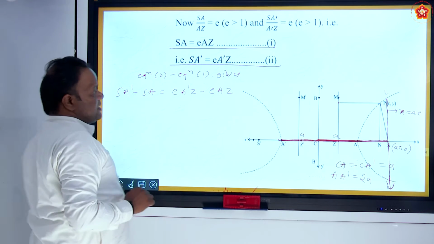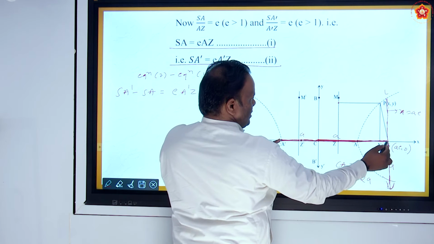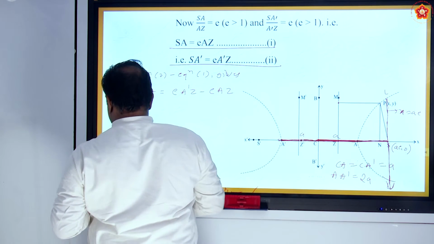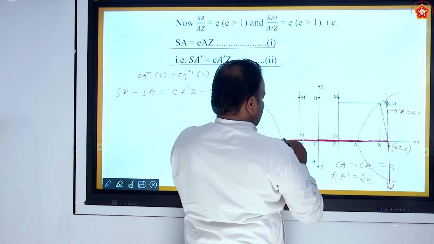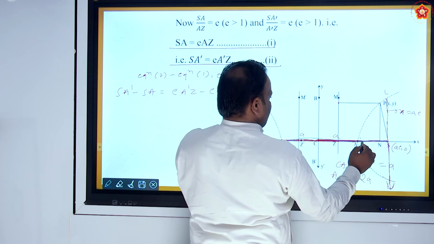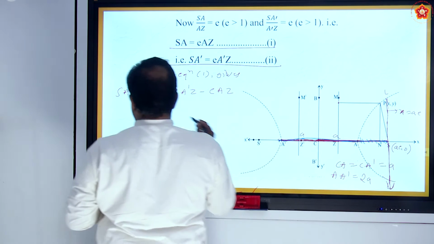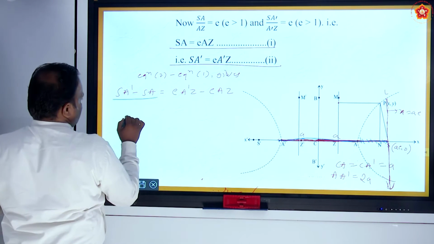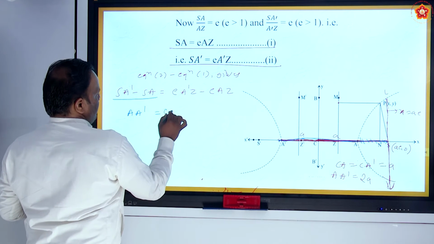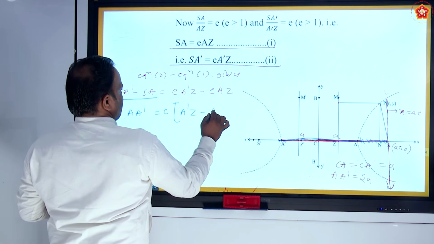What is SA dash minus SA? See the figure. SA dash is the total length, minus SA, only this length, means A dash. SA dash minus SA is nothing but A dash, equal to, what is common here? E common. What is remaining here? A dash Z minus AZ.